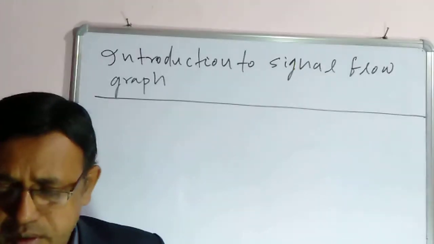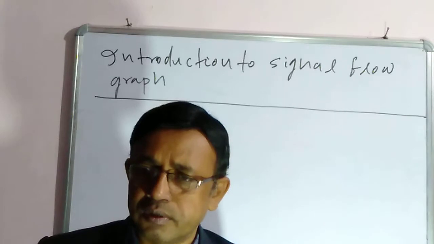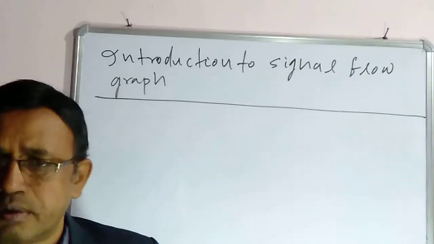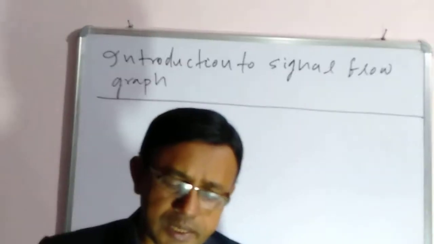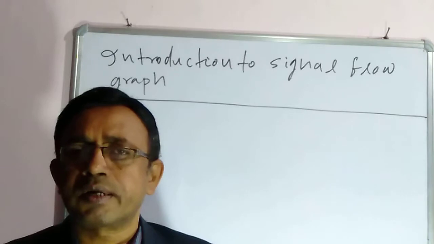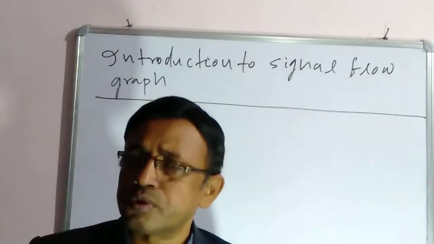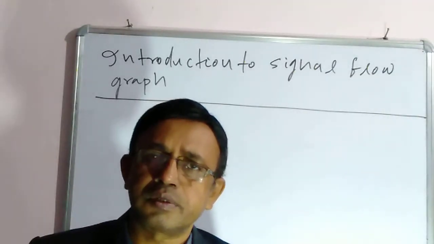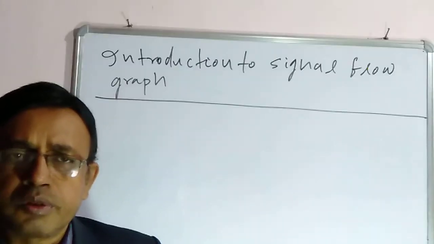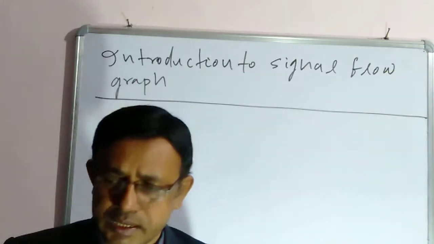If we consider the armature control method, there are many variables, such as armature current, armature resistance, field resistance, field current, etc. All these variables are connected by nodes. Between two nodes there is one branch, that is, the branch connects two variables.